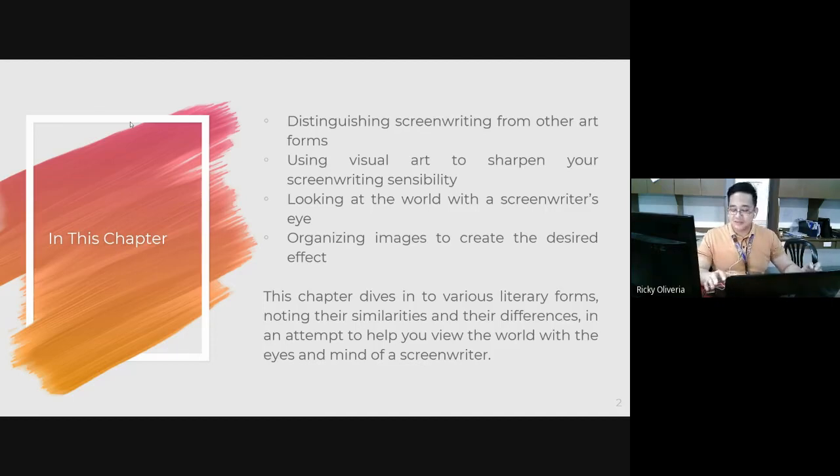In chapter 1, we already made some relations, like for example, you as a screenwriter are an investigator. Here, we look at the possibilities of adapting other art forms rather than doing it from scratch. Okay?